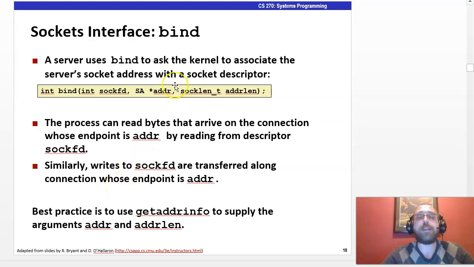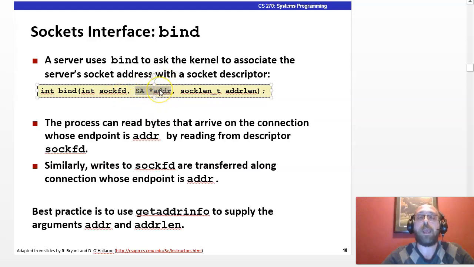So bind asks the kernel. All of this networking is done by the kernel, and our programs will use system calls like bind to interact with it. It asks the kernel to take this file descriptor, which had better be referring to a network socket, something that we got from socket, and associate it with a particular address.